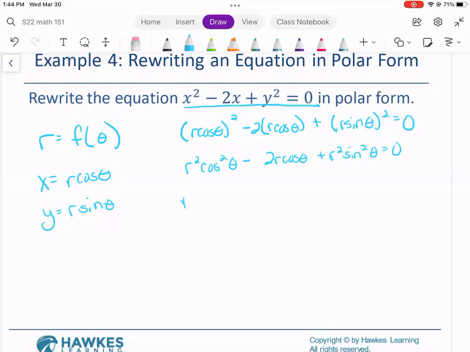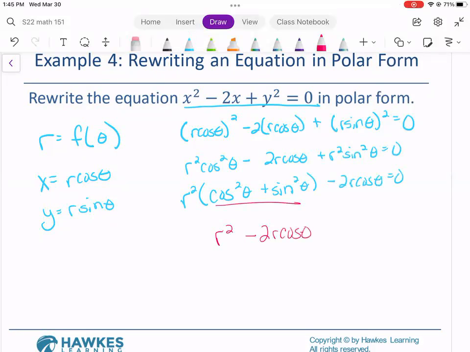If you remember, we can factor out the r squared here, which gives us r squared times (cosine squared theta plus sine squared theta) minus 2r cosine theta. But hopefully you remember this is indeed 1, so we get r squared minus 2r cosine theta equals 0.